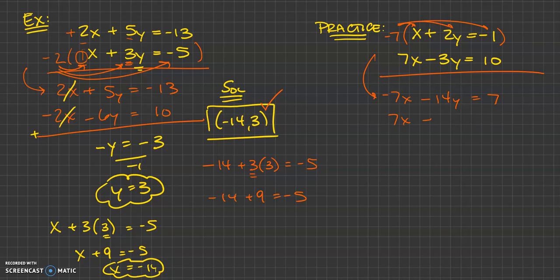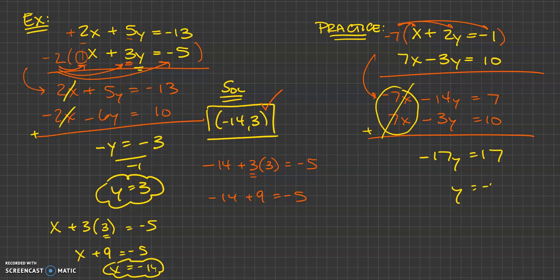The bottom equation, I'm just going to write it underneath. I didn't change it at all. When I add, notice, -7x plus 7x cancels. It takes you back to 0. -14 minus 3 is a -17y. 7 plus 10 is 17. y is equal to -1.